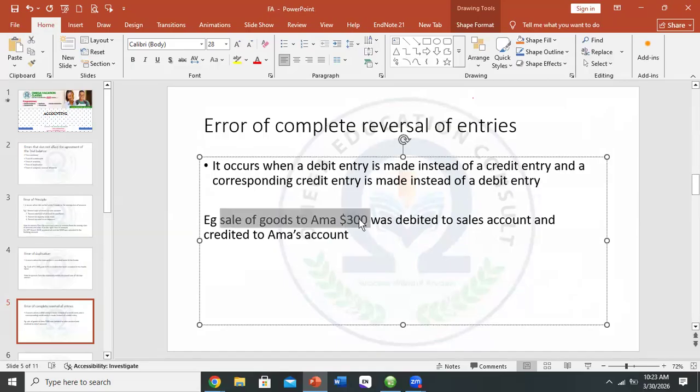And if you sell goods to Amma, what is the right entry you'd have to pass? Yes, if you sell goods to Amma, what is the right entry? Who do you debit, who do you credit when you sell goods to Amma? Prof. Bridget, sale of goods to Amma, who would you debit, who would you credit?